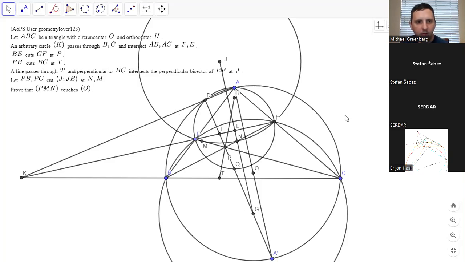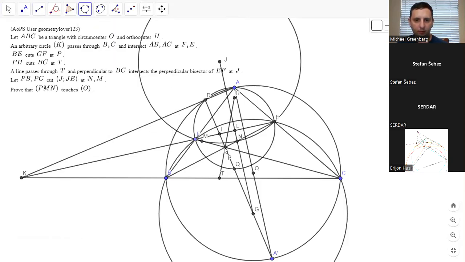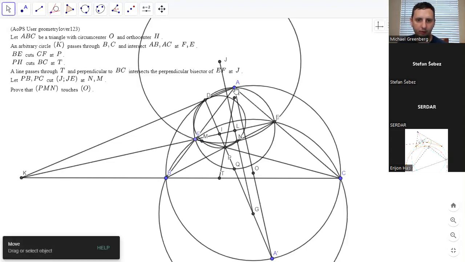All right. So the center of that circle lies somewhere on OB. Let's draw the circle just for the heck of it. I don't think these actually meet on the circle, but let's check.